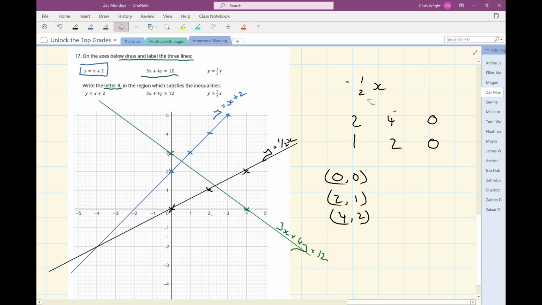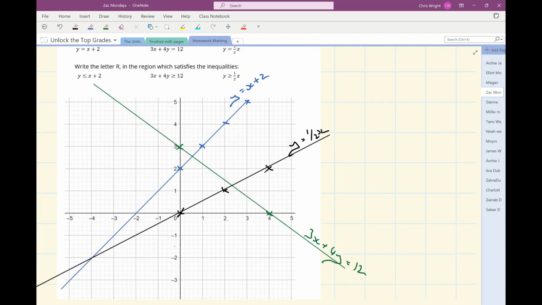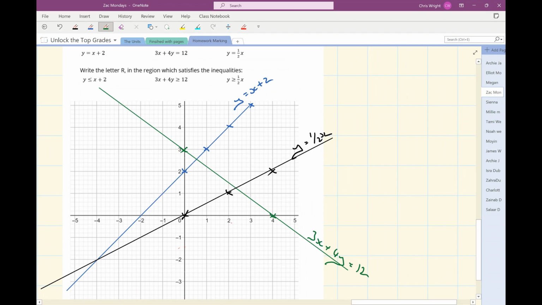Right. Now I've got to write the letter R in the region which satisfies these three inequalities. Now, first of all, I have to have y being less than or equal to x plus 2. So, the blue line here are all the points where the y-coordinate is equal to the x-coordinate plus 2.